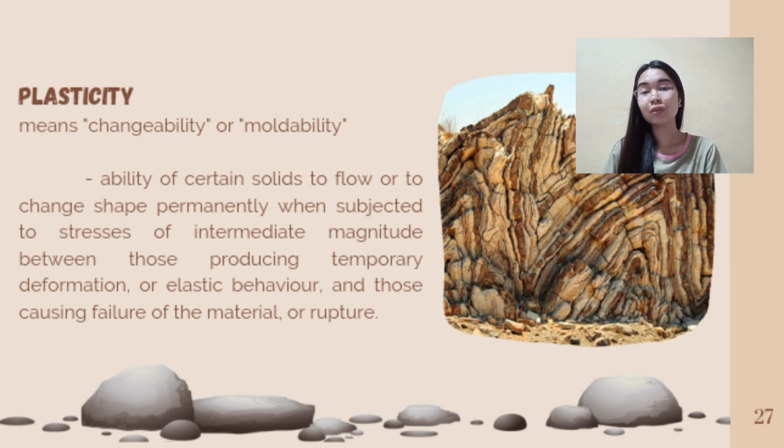And dito nga, yun nga yung tinatawag natin na plastic deformation, yung process na yun, or yun yung nangyayari or tinatawag natin na plasticity. Kasi the more na resistance it needs, the more elastic it is. Therefore, permanent change of shape of an object happens more quickly dito kay plasticity.